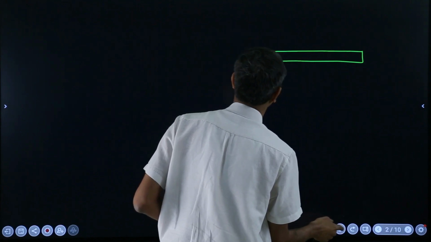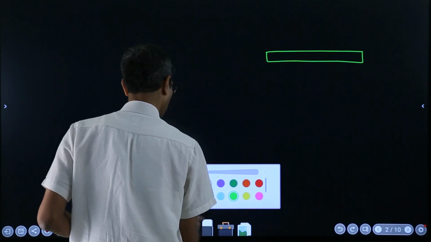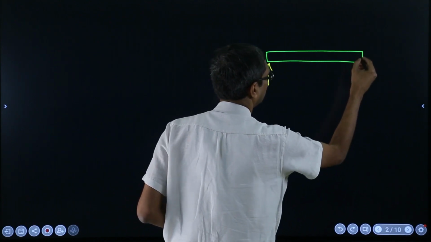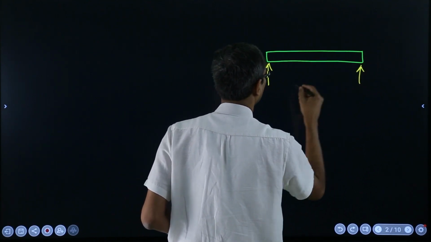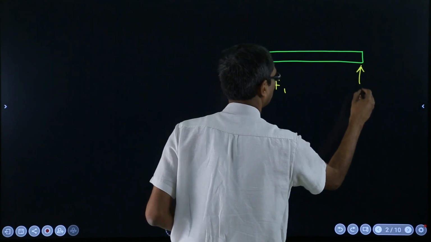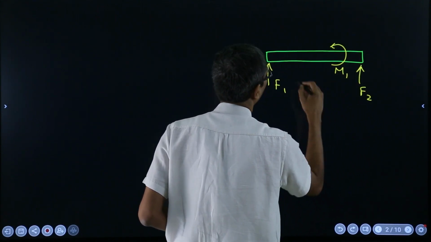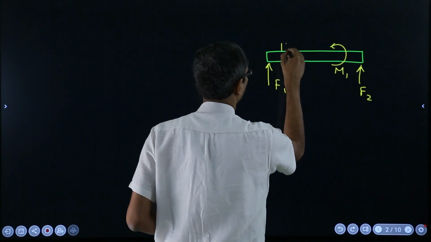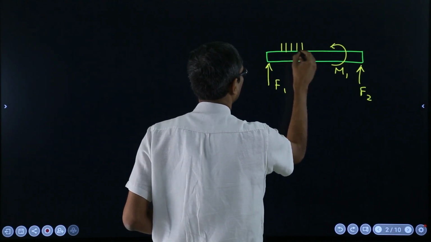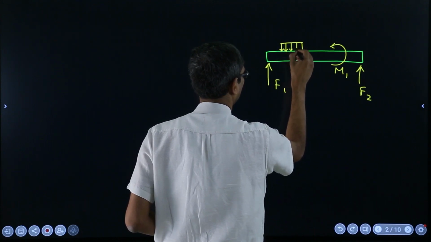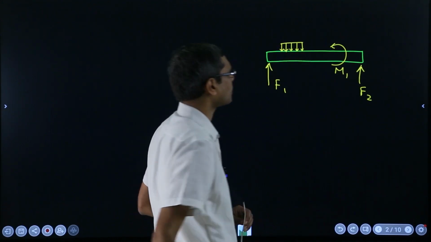Let me draw a force here, a force here, say F1, F2, a moment here, and some other continuous forces. I'll tell you something about this.